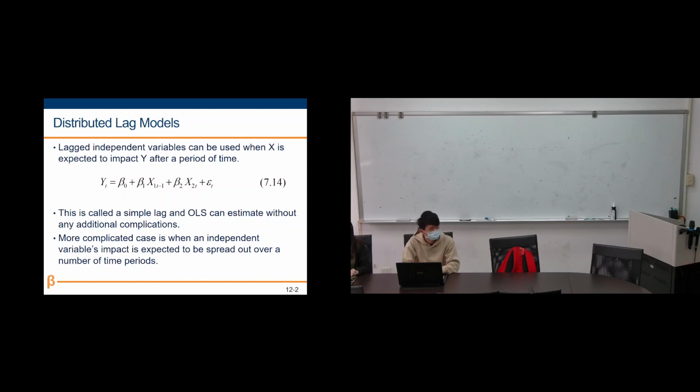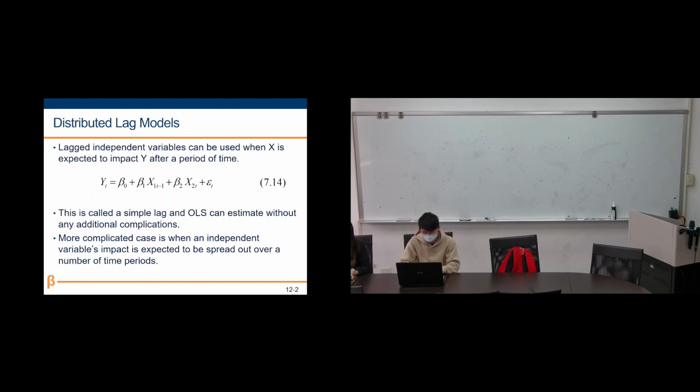And do you think OLS can do this one? So far we learned OLS estimation, right? Yes, OLS can estimate it without any additional complications. And this is the simple one, the simple lag.